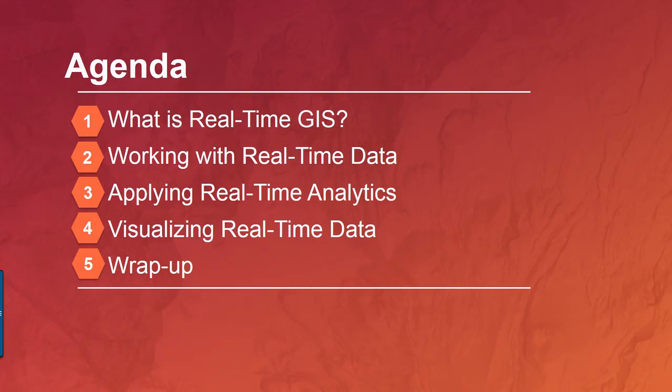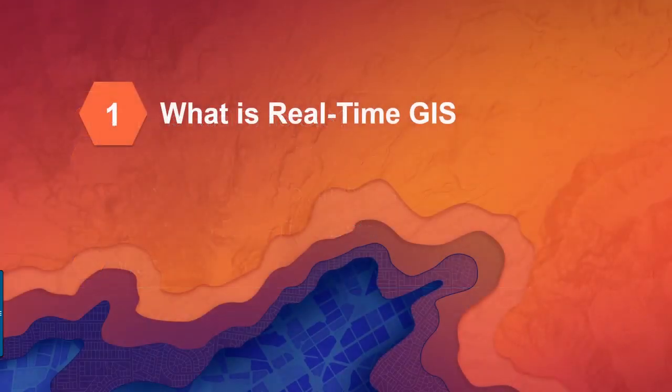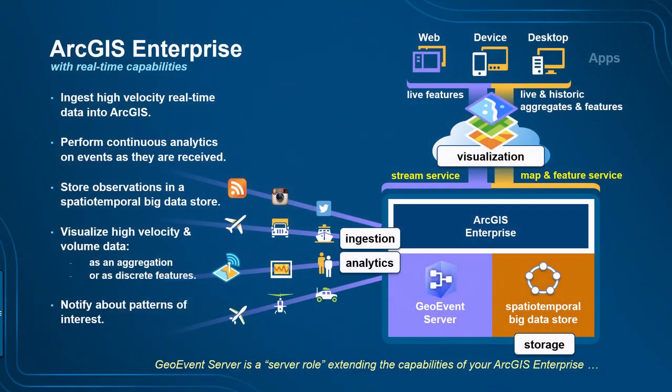So let's take a step back and explore what is real-time GIS. The real-time GIS capabilities of ArcGIS satisfy the 3 challenges that I've highlighted on the screen. The first is ingesting high volume, high velocity real-time data into ArcGIS. It can be data coming from your social media like the Twitter or the Instagram feed or maybe the RSS feed.